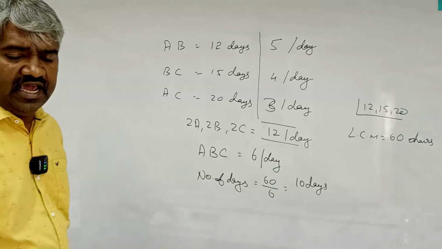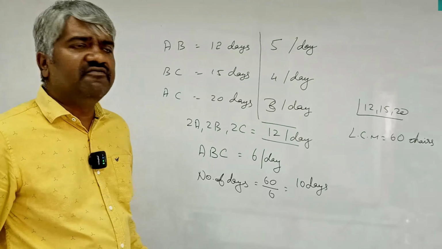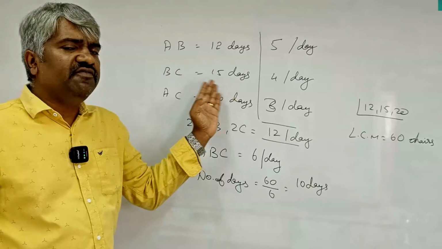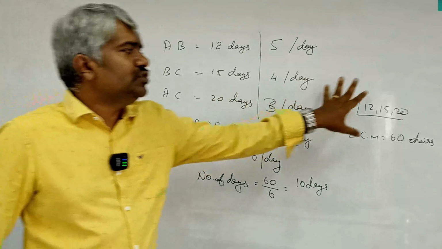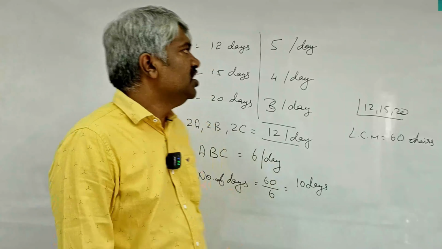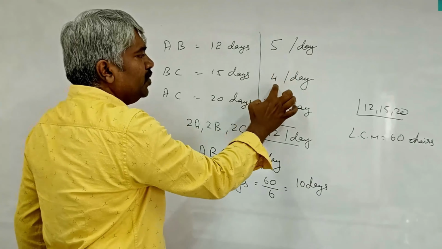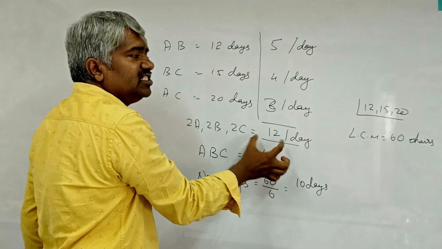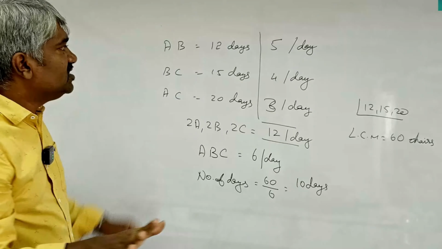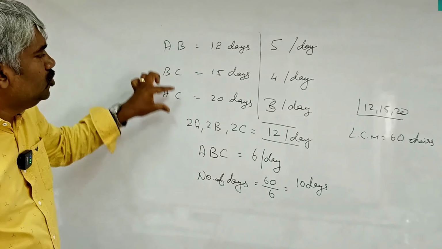I'll explain this again. When A and B work together, they can complete the work in 12 days, BC 15 and AC 20. When you take the LCM of this, you'll get 60 chairs. So, the number of chairs manufactured by AB, BC and AC in one day is 5, 4, and 3. If you add together, you'll get 12 chairs in one day. 12 chairs is when 2A, 2B and 2C work together.